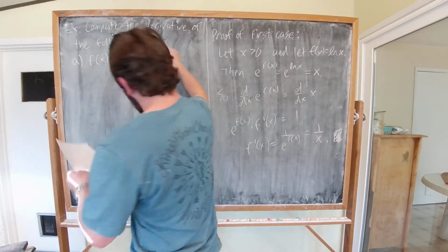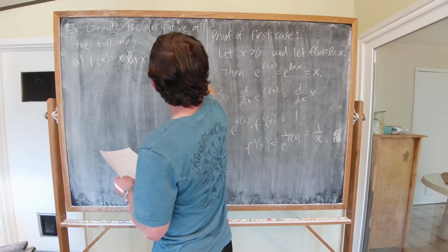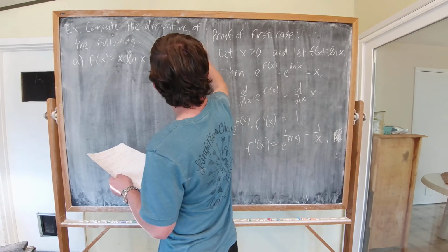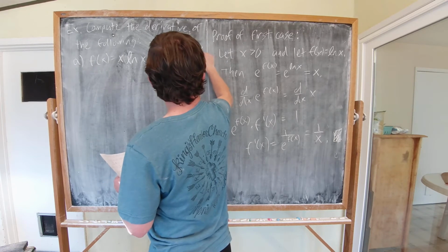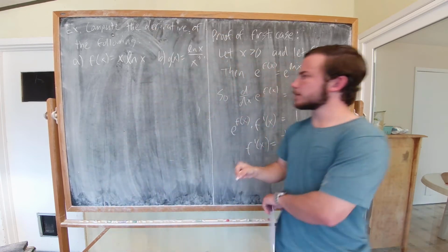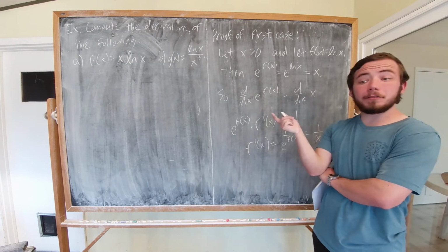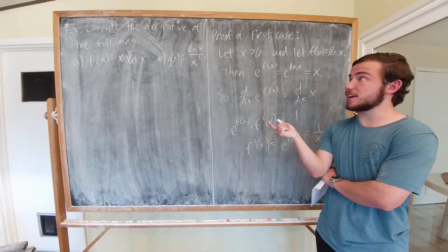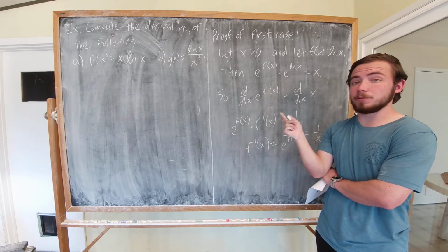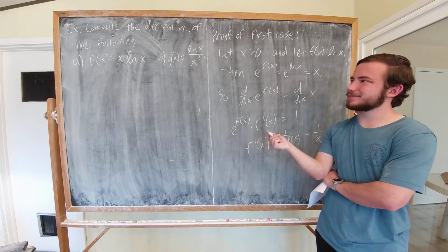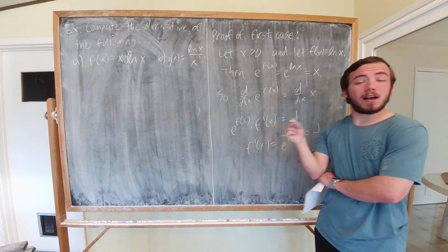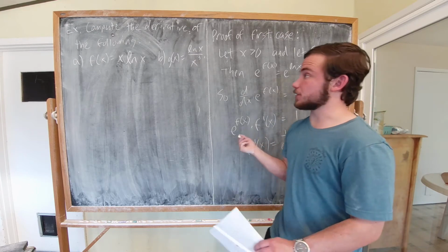And for b, let's say g of x is equal to the natural log of x divided by x cubed. Alright, so see if you can try these just using the rule on your own, and then we'll do them together.